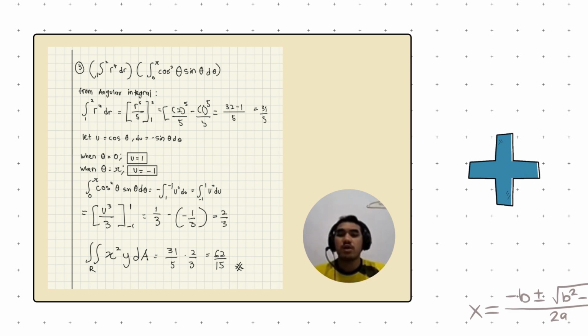So for the first one, we separate it into the integral of r from 1 to 2 of r to the power of 4 dr, and the integral of theta from 0 to pi of cos squared theta sin theta d theta.